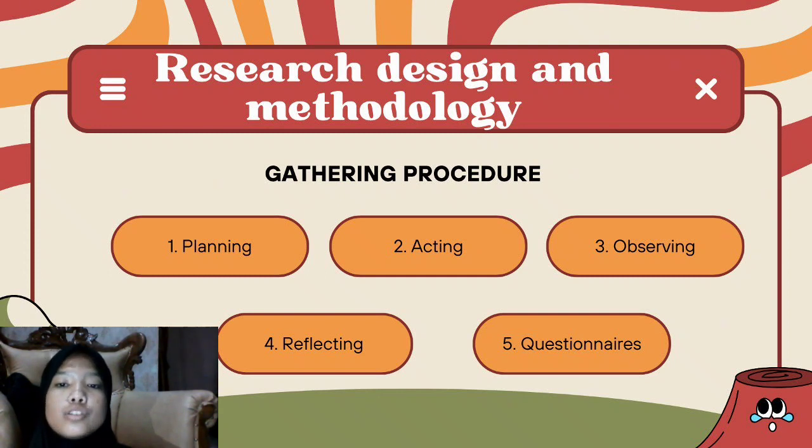Okay, the next I will explain the gathering procedure, such as number 1, planning. The author planned the study by identifying the research question, selecting the research instrument, and designing the classroom activity. Number 2, acting. The author implemented the single picture approach in the classroom and collected data through observation, field notes, and performance tests. Number 3, observing.